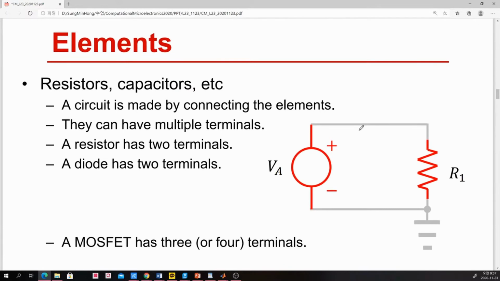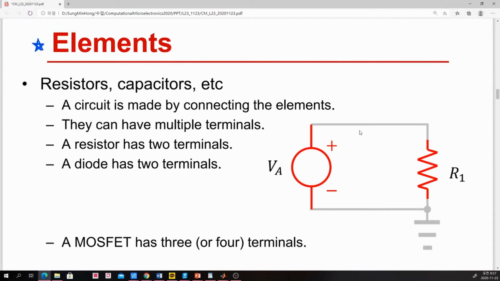Before introducing that general rule, we have to talk about the concepts inside it. If we have a circuit, then first of all we will define elements.